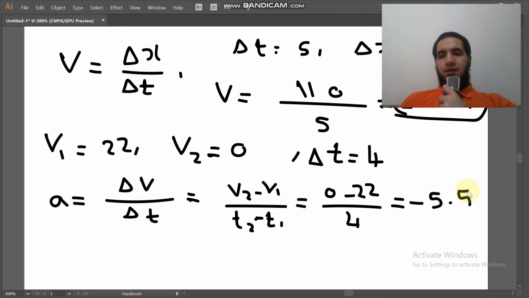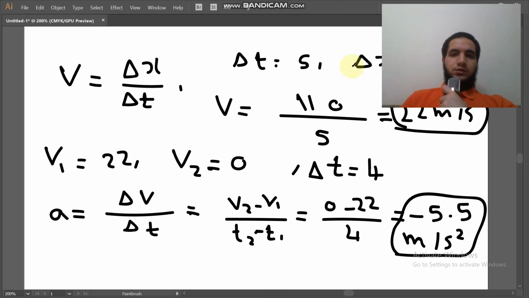And saying negative means that the velocity was decreasing and it was stopping at the rate of negative 5.5 meters per second for each second, meters per second squared. So this is the average acceleration.